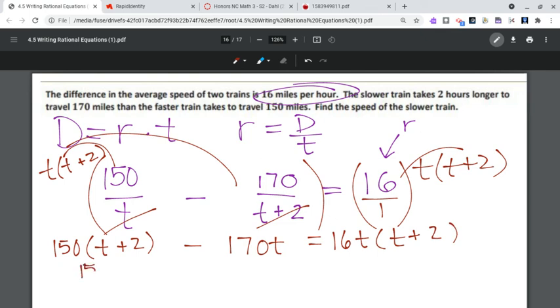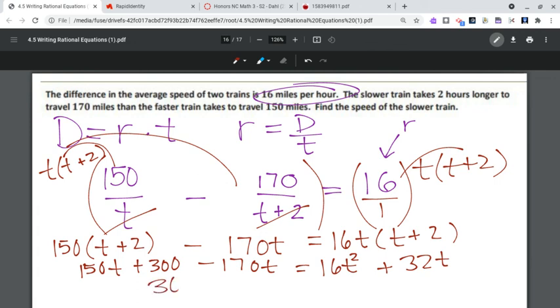Distribute. 150T plus 300 minus 170T equals 16T squared plus 32T. Okay, combine like terms, and we get 300 minus 20T equals 16T squared plus 32T.